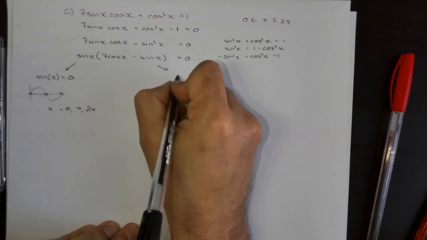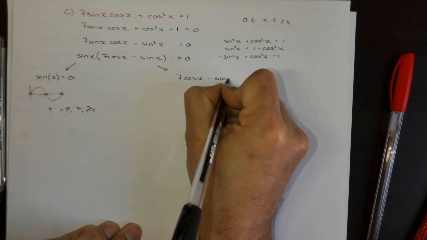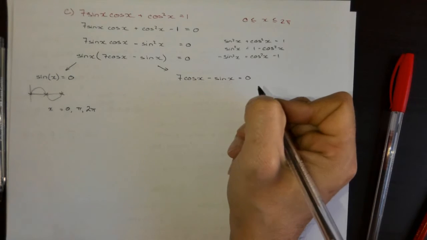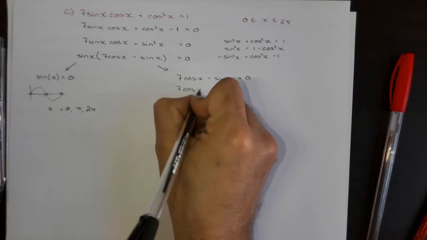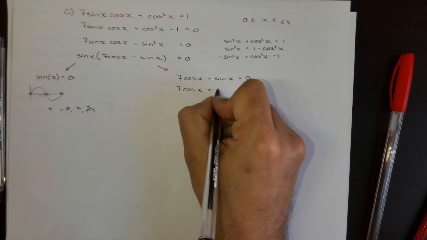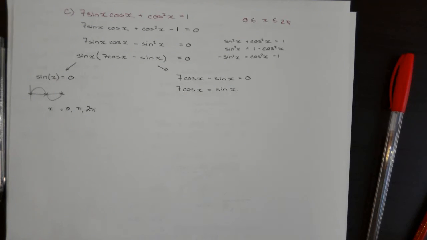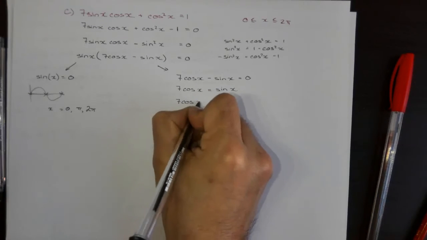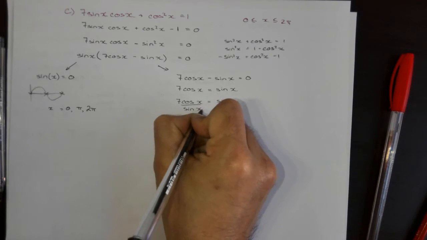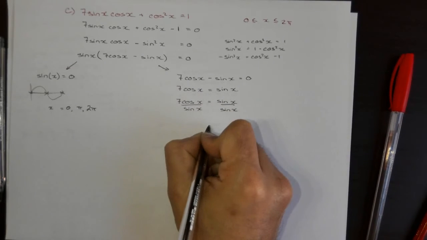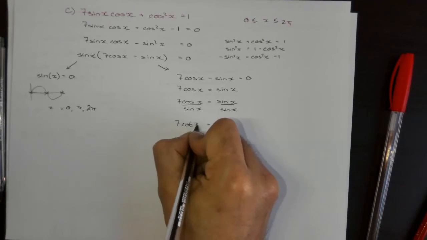Now, doing this one, we get 7 cos x minus sine of x equals 0. So we've got 7 cos x equals, take this to this side, it becomes positive sine x. If we divide everything by sine of x, this becomes 1 and this becomes cot of x.